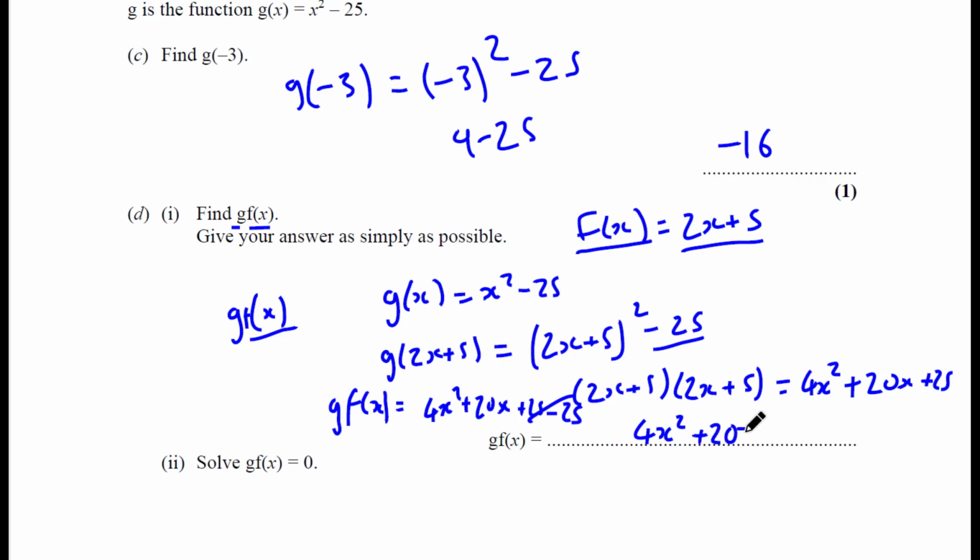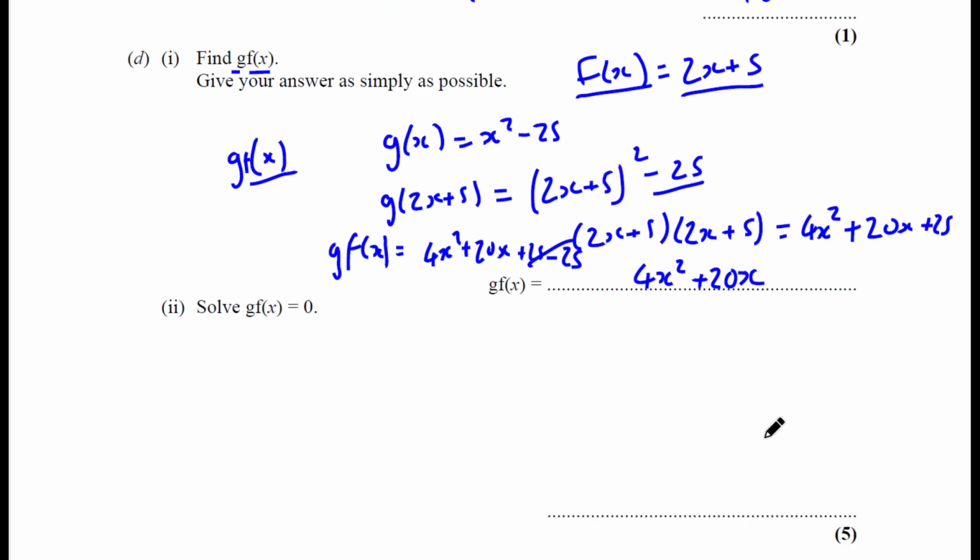Perfect. And this is a big 5 mark question, so just solve for gf of x equals 0. So all you do is set that to 0, equals 4x squared plus 20x. Can we factorise that? Yes. Take a 4 and x out.